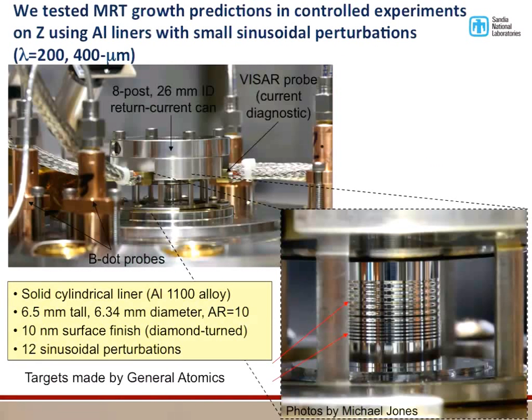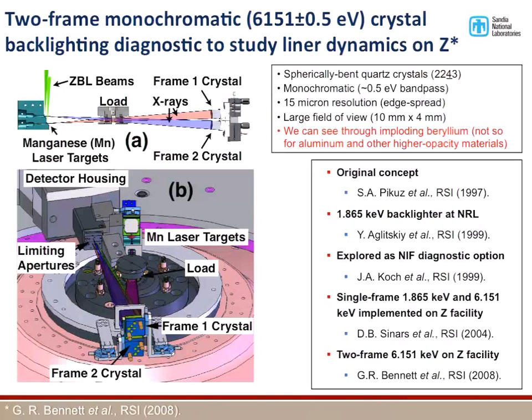So the first experiments that we did were just a code validation exercise to see if our codes were getting the magneto-Rayleigh-Taylor instability correct. So we put in controlled machined perturbations, and we wanted to watch the magneto-Rayleigh-Taylor instability evolve. And the way we watch it evolve is through radiography. For these, there was no fuel, so there's no laser preheating or anything. So we used the laser to do radiography.